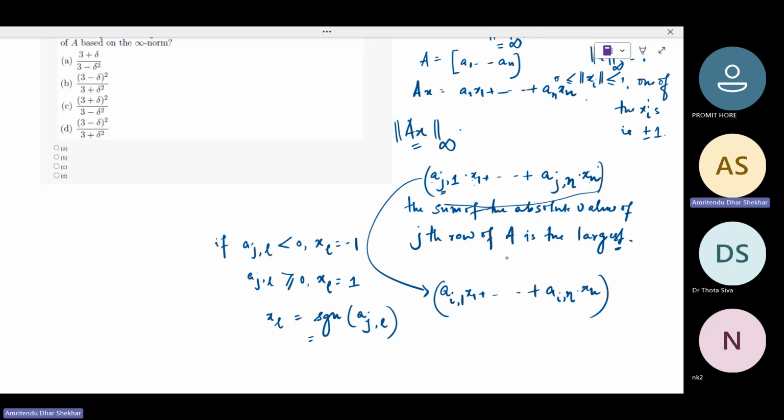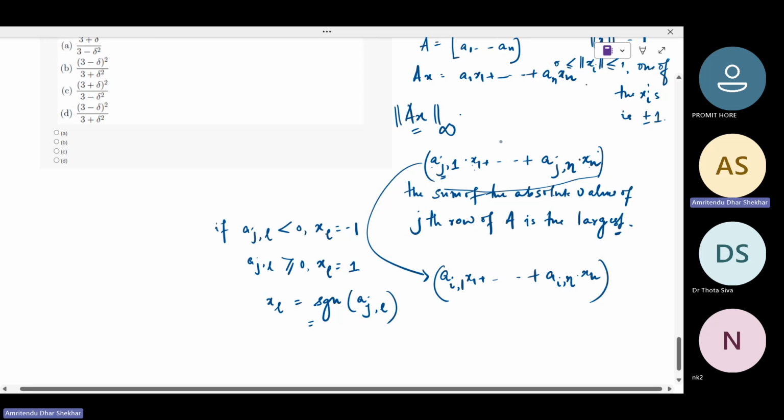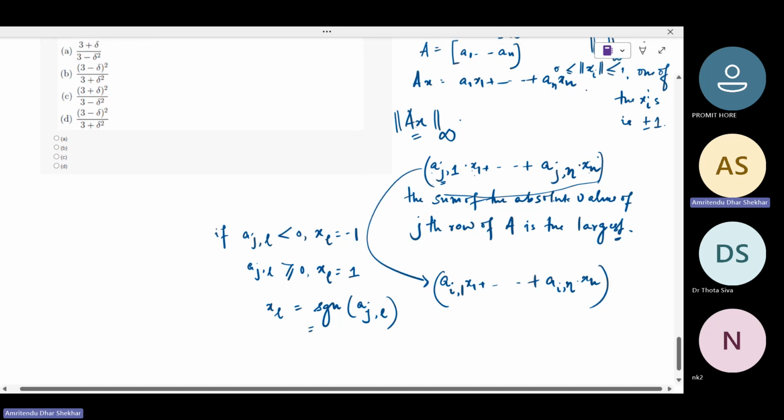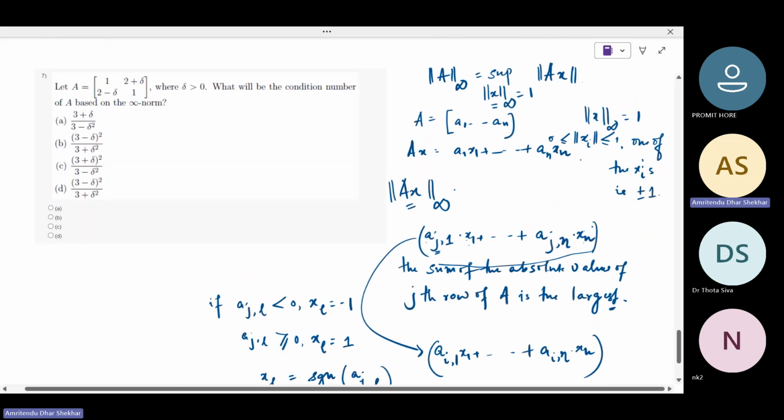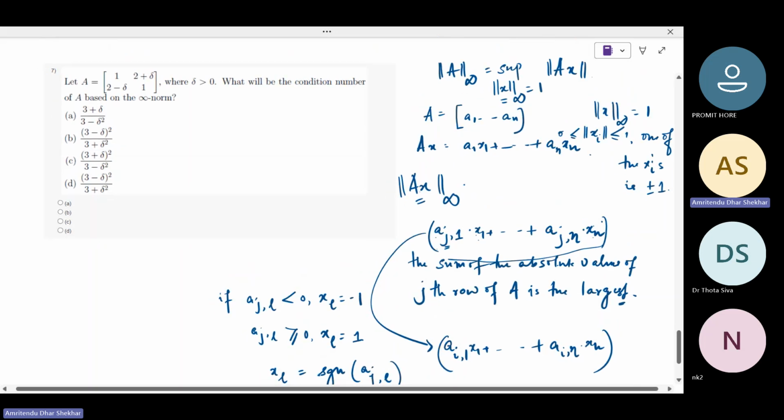Now this is true for all the coordinates from 1 to n, and so the maximum would be achieved for that coordinate in which the sum of the absolute values of the row elements is maximized. So over here, let's say you look at this matrix.